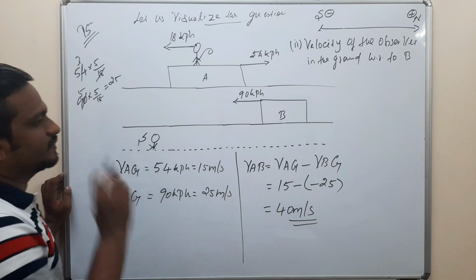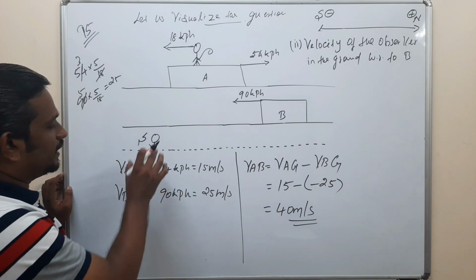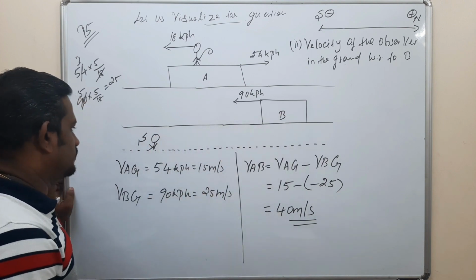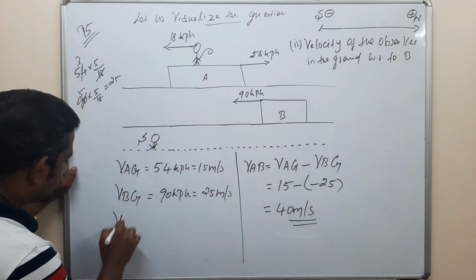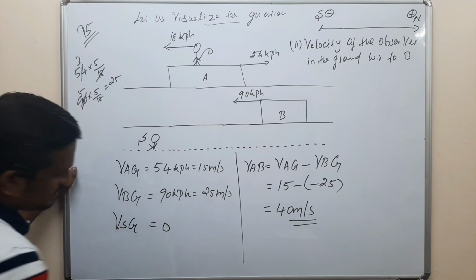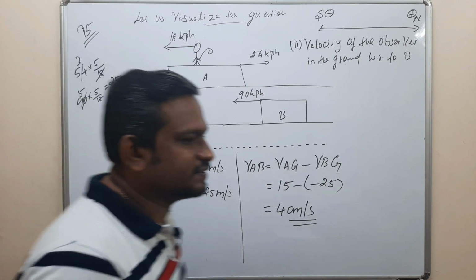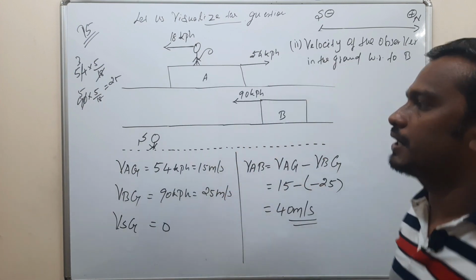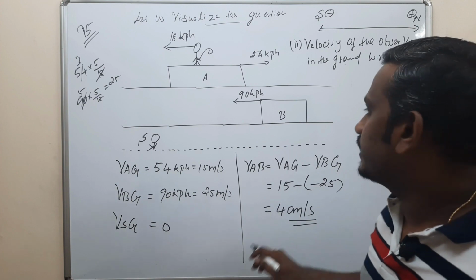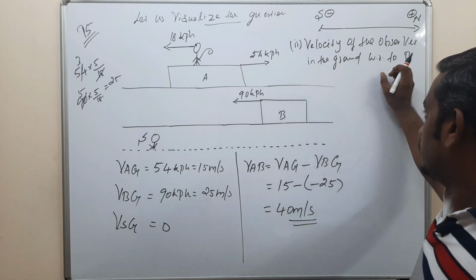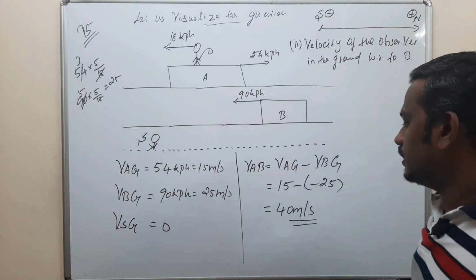We have to find the velocity of this observer with respect to train B. The velocity of the observer with respect to ground is 0, since a stationary observer is standing on the ground.